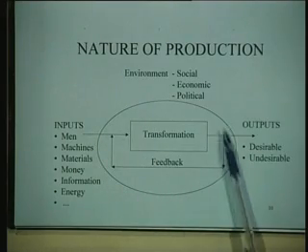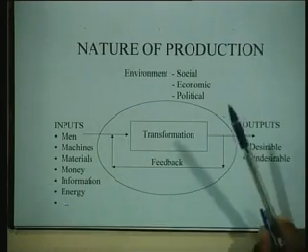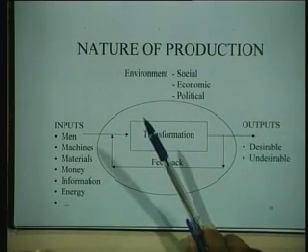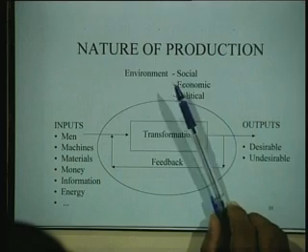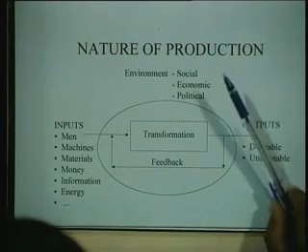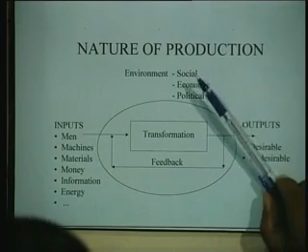We now superimpose, you find that there is this circular element which I have imposed here on top of this model, and this particular envelope actually shows the environment, and the environment has different components.